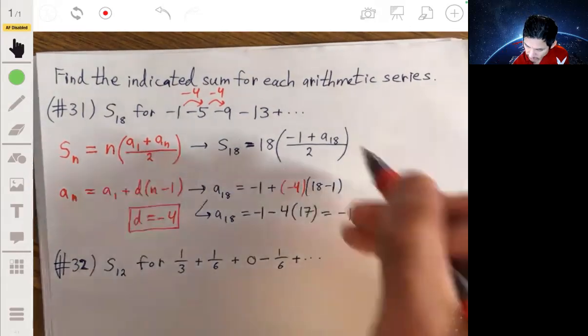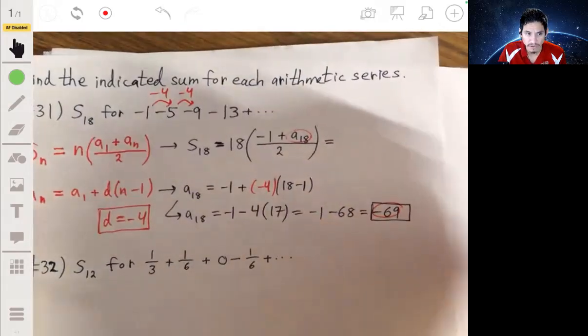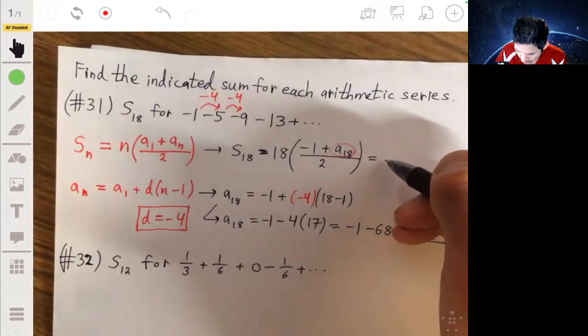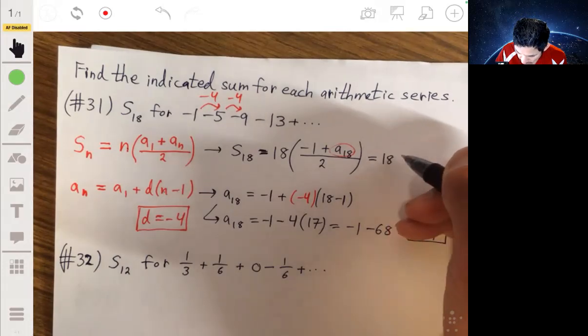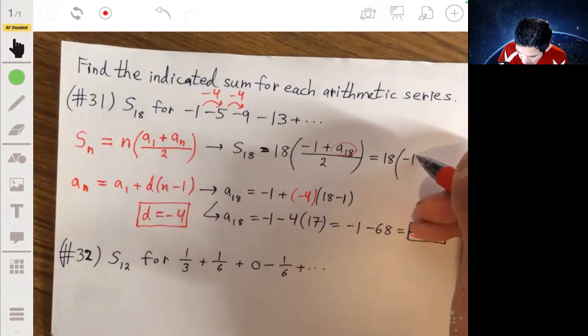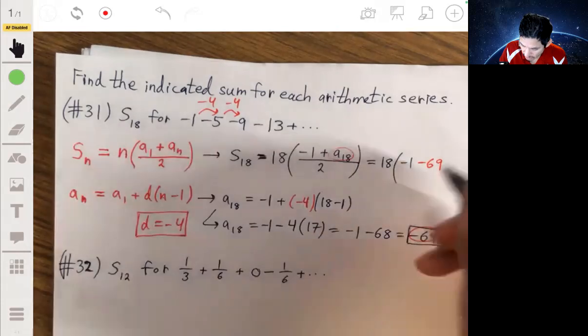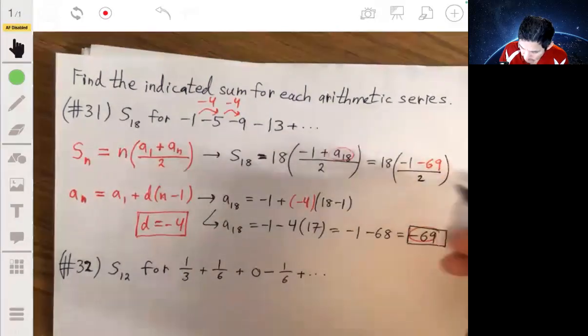Now we replace it here. So the sum of the first 18 terms, we can rewrite as 18 times -1 plus -69, over 2.